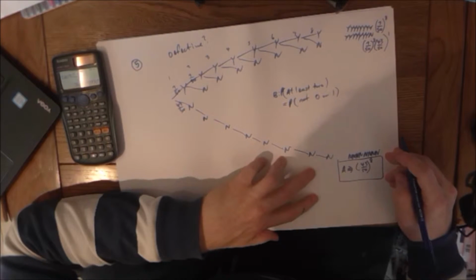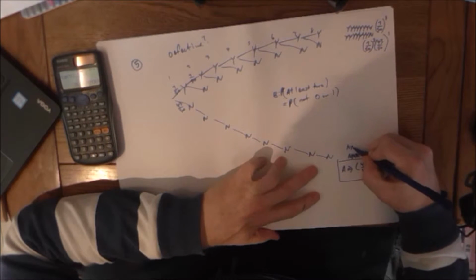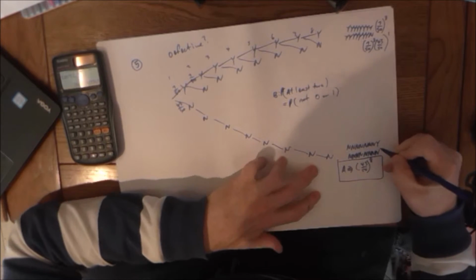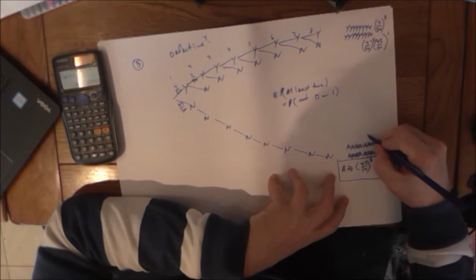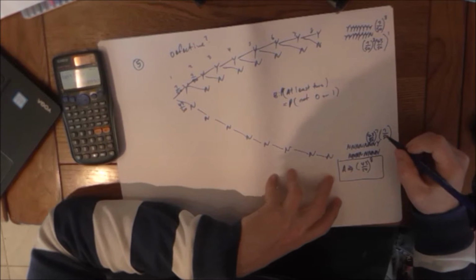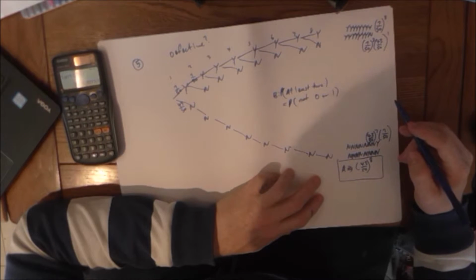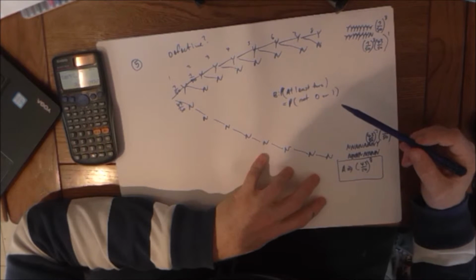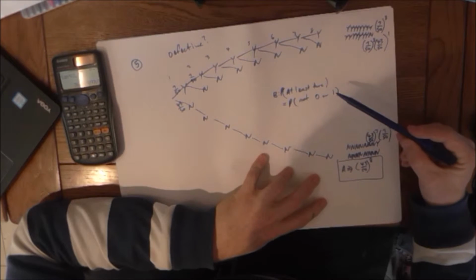So, what's the probability of getting one defective? There it is. It's 43 over 50 to the power of 7 times a single yes.